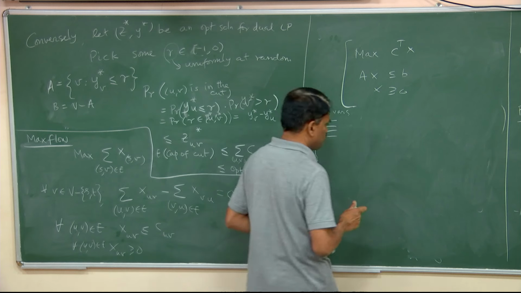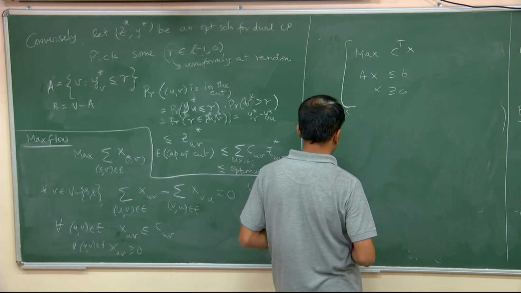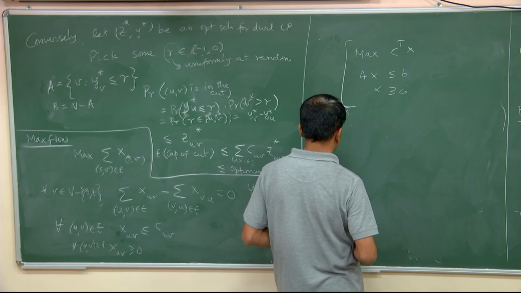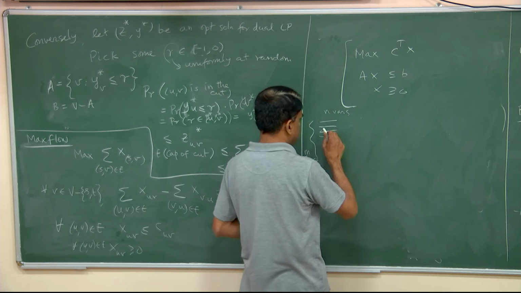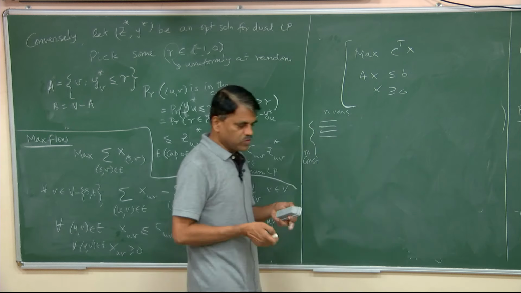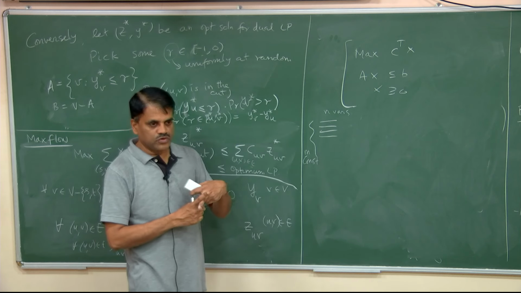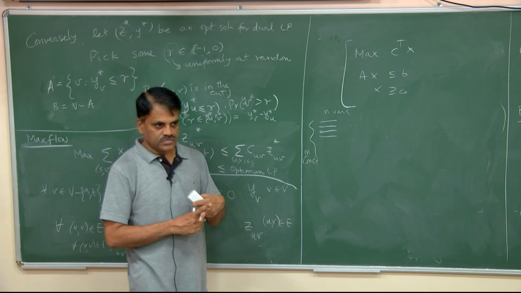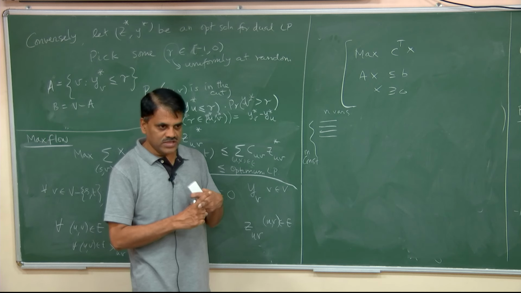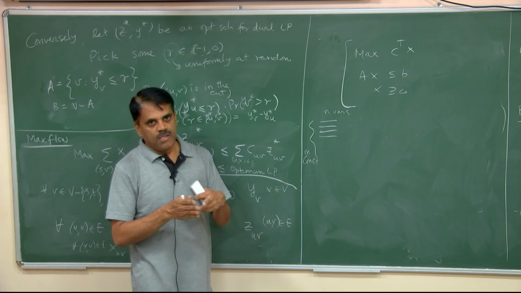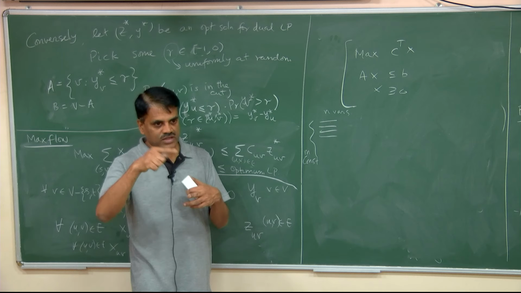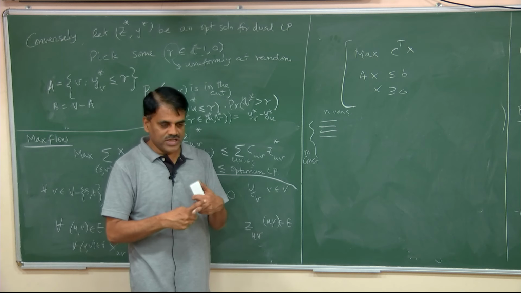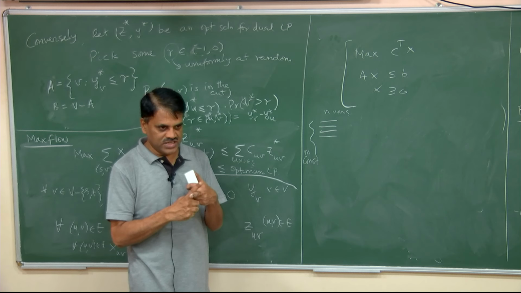Because in two dimensions, what is a vertex? It is just the intersection of two lines. They are half planes if you write them as inequalities, but if you write them as equalities, these are two lines and their intersection is a vertex.